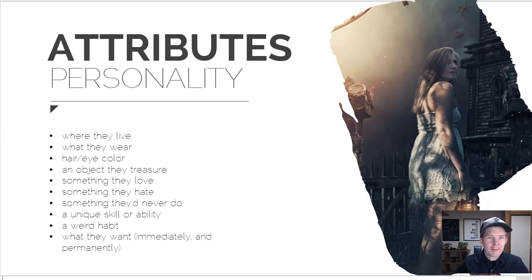And then we have some personality attributes. This is just a quick list. If you look online, you can find tons and tons of things. However, I don't necessarily recommend building a huge backstory or a list for all of your characters. It can be really useful when you're writing to figure out who your characters are first.